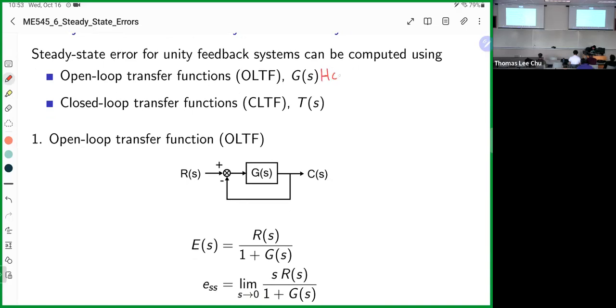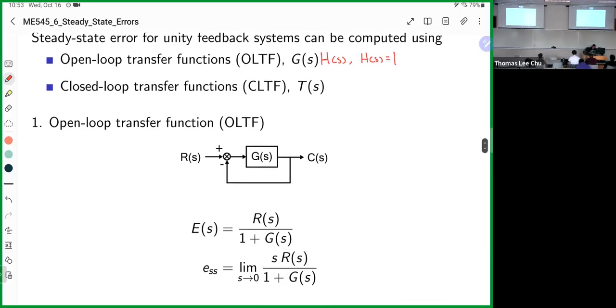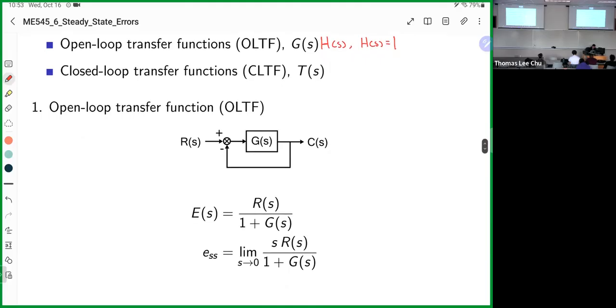Open loop transfer function also includes H of S here, but for unity feedback, H of S is equal to 1. Closed loop transfer function is going to be this whole block form equivalent, which is equal to G of S over 1 plus G of S, H of S.